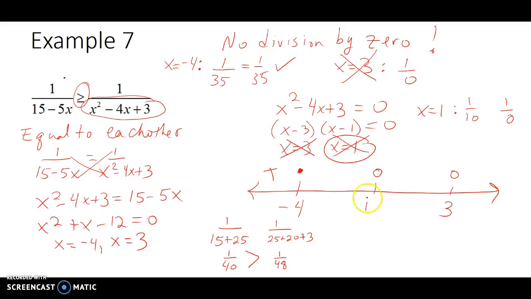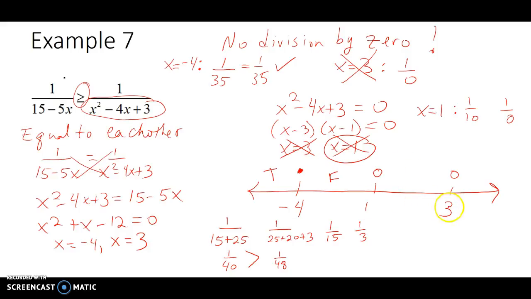So let's pick a number in this interval. For example, 0. I'll make the math easier. If I plugged in 0 for x, I'd end up with 1 over 15 and then 1/3. 1 over 15 is not greater than 1/3. It's less. Therefore, this was false.